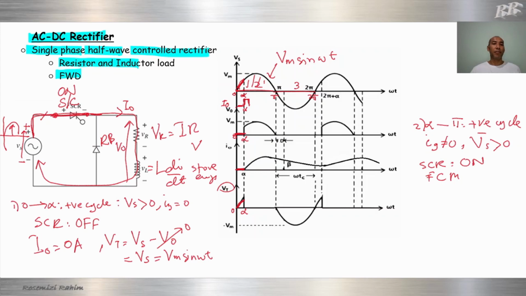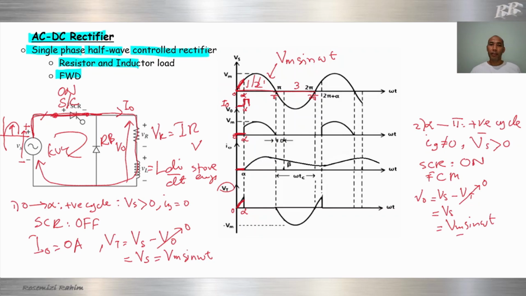Using KVL, V out equals Vs minus Vt, the thyristor voltage. V thyristor equals 0 because the thyristor is on, short circuit. So V out will be equal to Vs, which equals Vmax sin omega t.